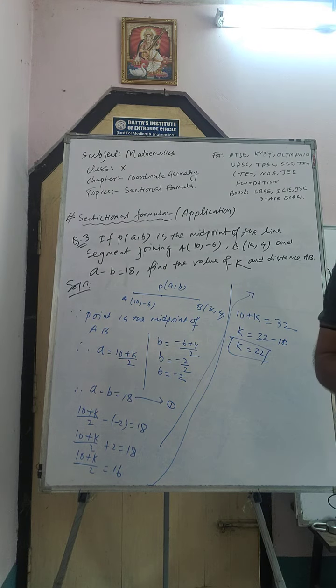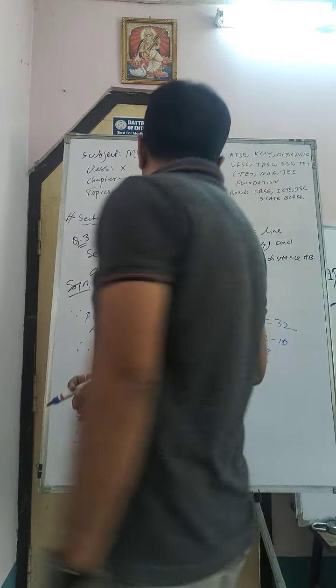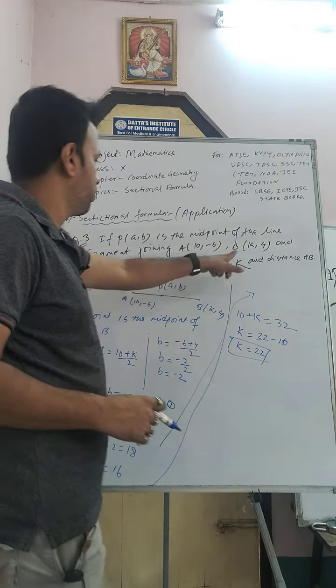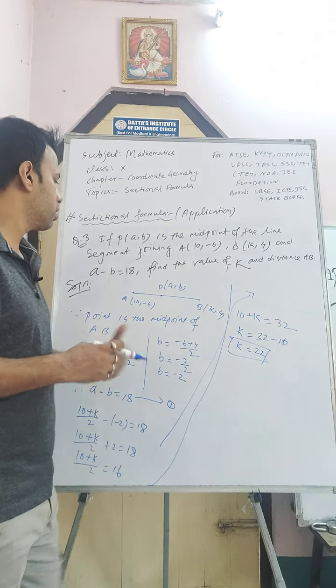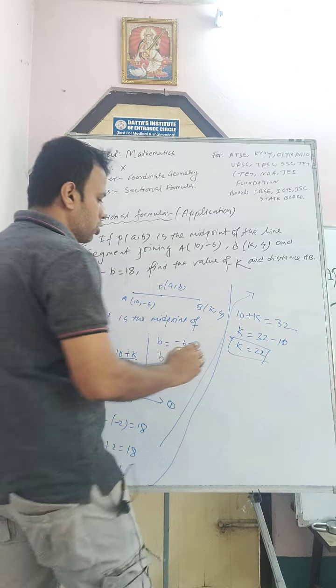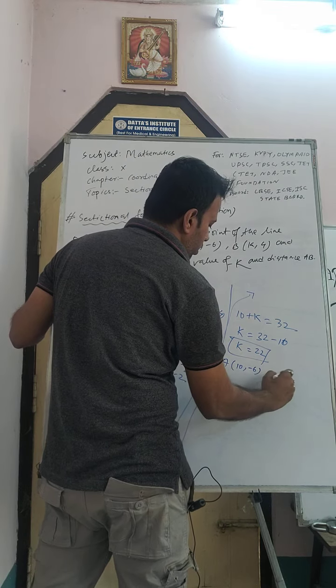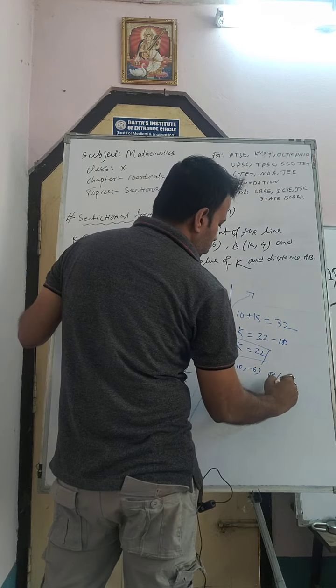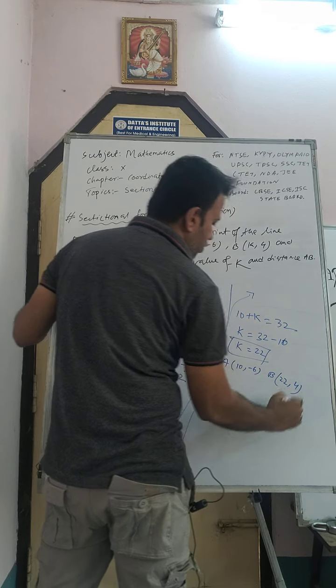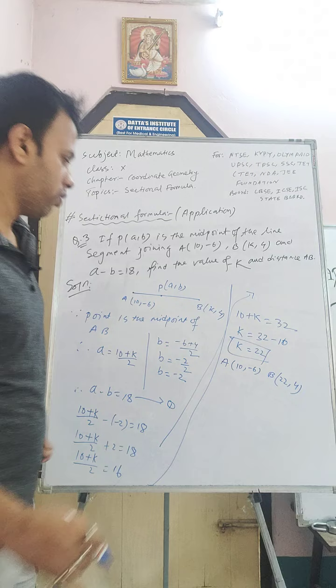Okay, fine. Now we have to find the distance of AB. So A is here 10 comma minus 6, and B is, k is 24, so 24 comma 4, right? So use the distance formula.